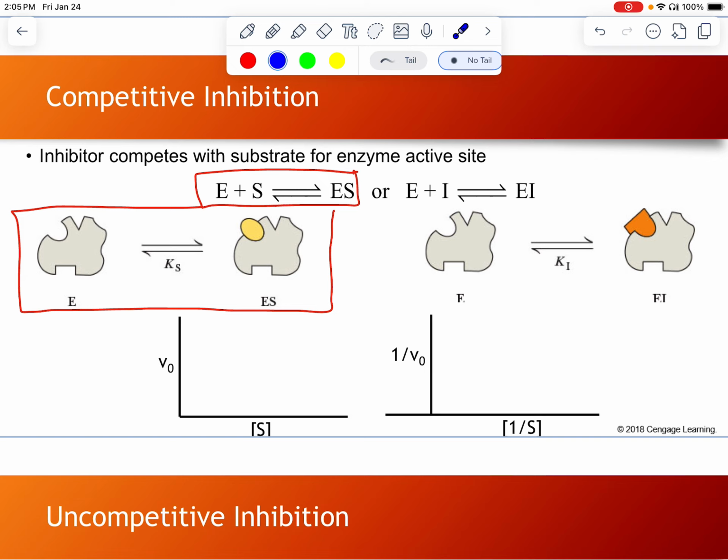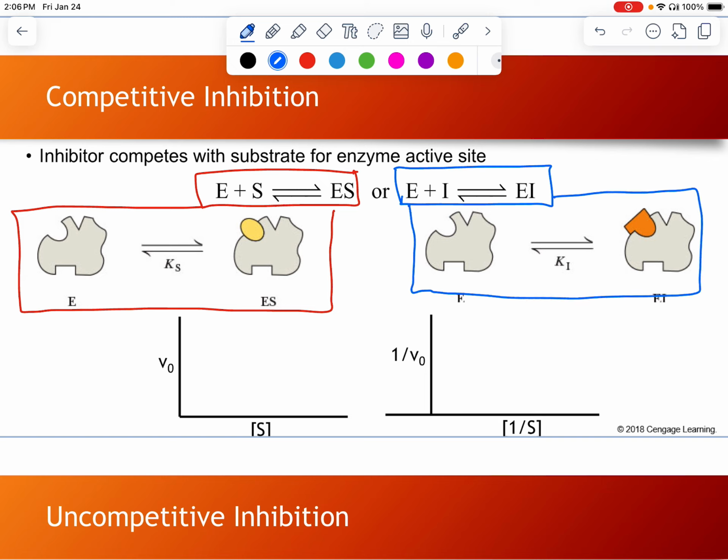But another possibility is that instead of the substrate, we have an inhibitor that has a similar shape, a similar structure, and it can bond in the active site. So now we still have our same enzyme, and now we have our inhibitor molecule that is bonding, and once it's there, it's blocking it, right? Our substrate can't get in there.